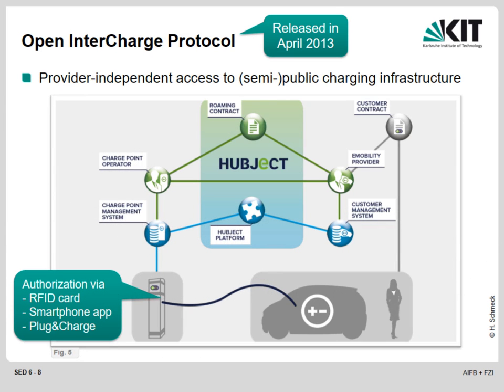And on top of that, we have the open intercharge protocol, and a specific instance of that is the so-called Hubject protocol. This is an initiative of some institutions in Germany who provide the Hubject protocol to make sure that you can get energy from different charging stations operated by totally different e-mobility providers, and the roaming contract is handled in this Hubject protocol.